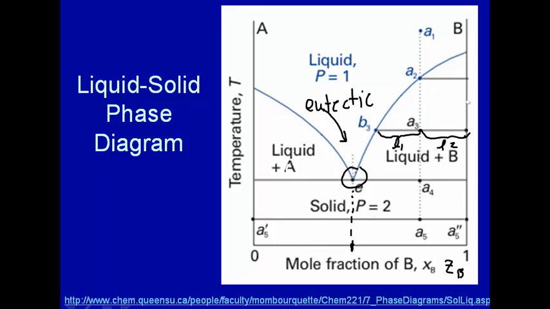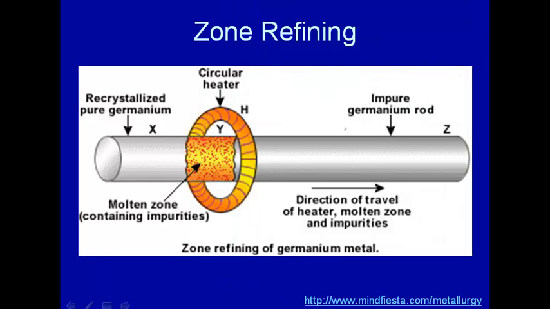If you're over here, pure A or pure B, or in this case, pure germanium. Okay, so now you've got pure germanium, and as you move this further on down, you melt, and then as it freezes out, you get the pure stuff freezing out. So this now becomes pure, pure, pure, and the impurities are now concentrated in this molten zone. And that's very useful industrially to prepare very pure compounds for the semiconductor industry.